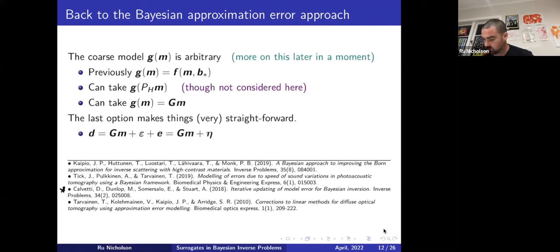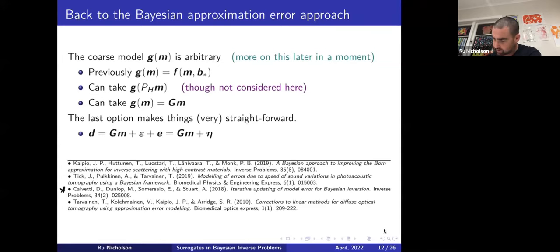Something slightly more involved was done there, where the approximation errors were made more and more relevant because they were computed over better and better estimates of the posterior rather than over the prior. But that's another discussion for another day.